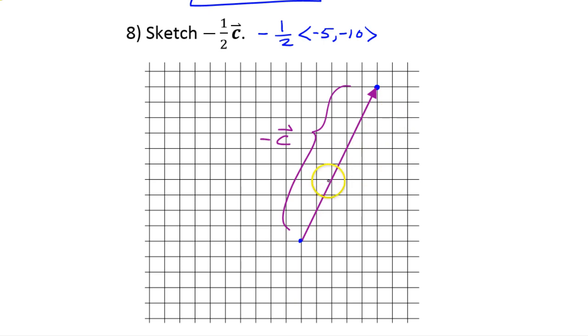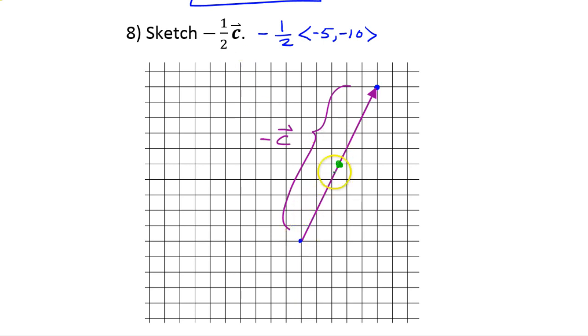So now I want a vector that's half of this. So let's see about where the middle point would be. Well, we know that it has a height of 10. So let's count up 5 and that will help us see where the halfway point is. Alright, so from the bottom here, if I go up 1, 2, 3, 4, 5, so this should be the middle point, because it's halfway up. So this is the middle point.